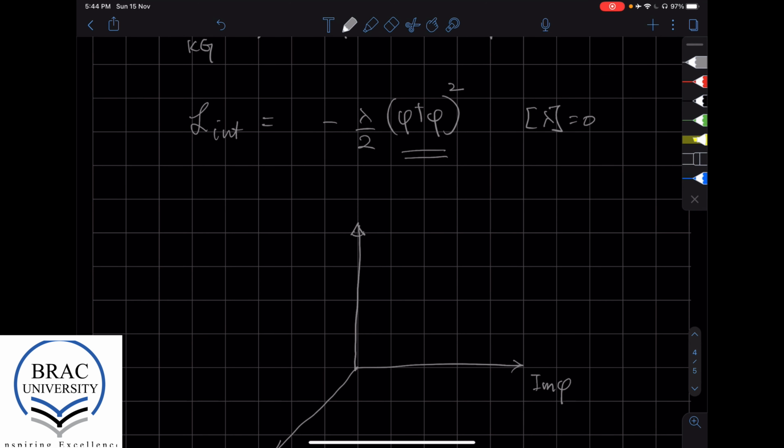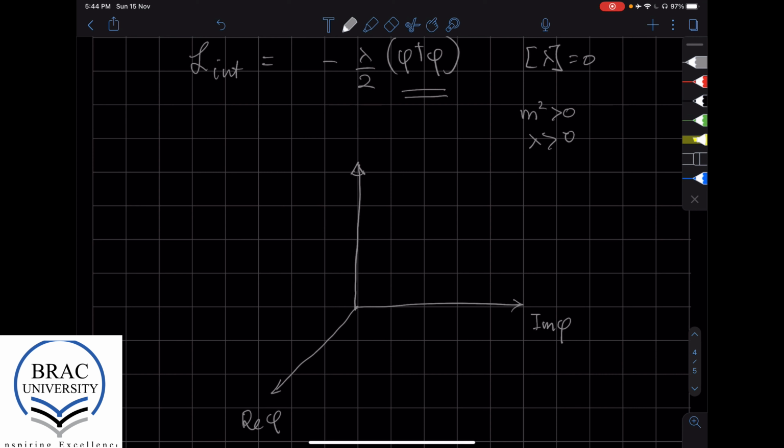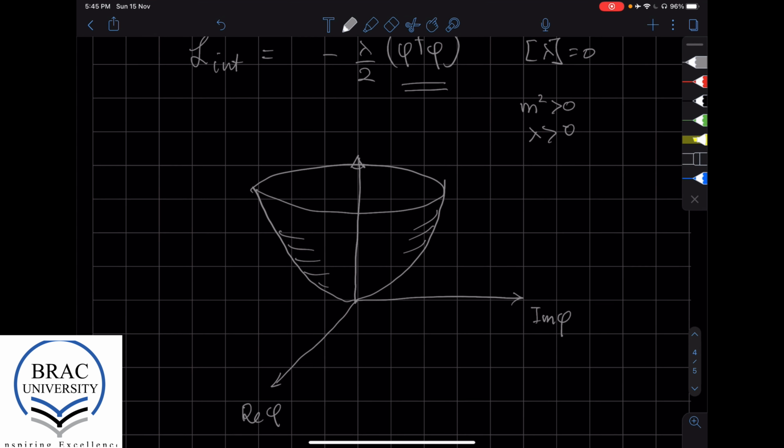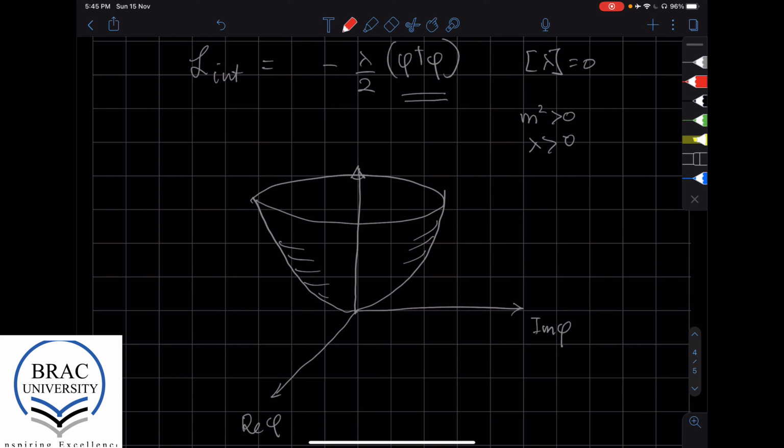Then if the mass term is positive and lambda is positive, then like before, we will get a potential of this form. So it looks like a bowl. But if, for example, the mass term is negative, but lambda is still positive, then when the field phi is very small, the mass term will dominate, and therefore we will have negative curvature.